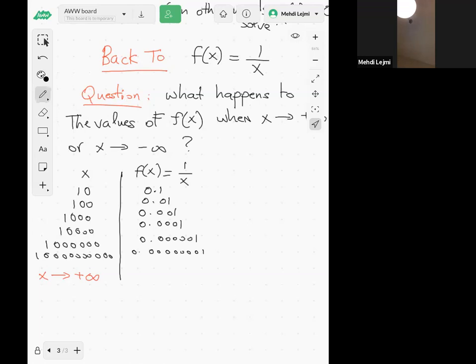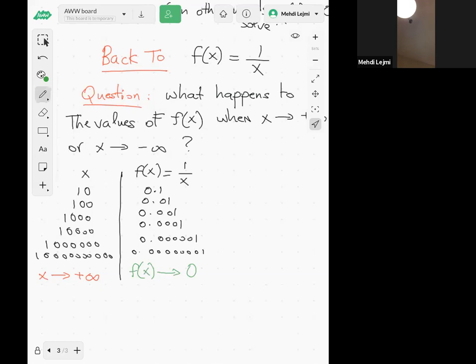Anyway, the point is, you can see the values of the function f are getting smaller and smaller, and they're approaching, as you can guess, 0.